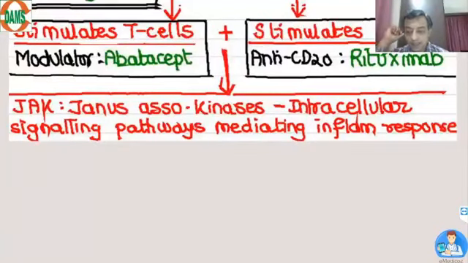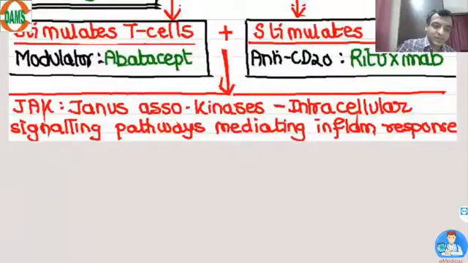JAK is not given; JAK is the problem. What is in red is the pathology. Agents are in green.